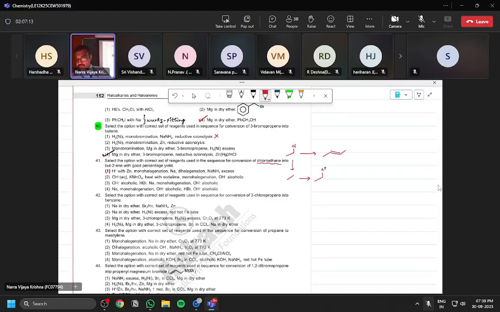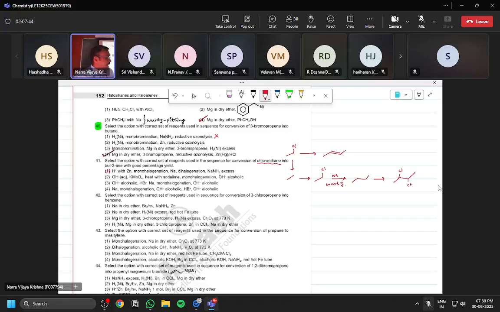Then sodium. If I use sodium in presence of dry ether, it is the Wurtz reaction. If it is the Wurtz reaction, what will you get? Butane. Correct or not? Then dihalogenation, so 2 times. Dihalogenation means I got 1 chlorine here, 1 chlorine here.